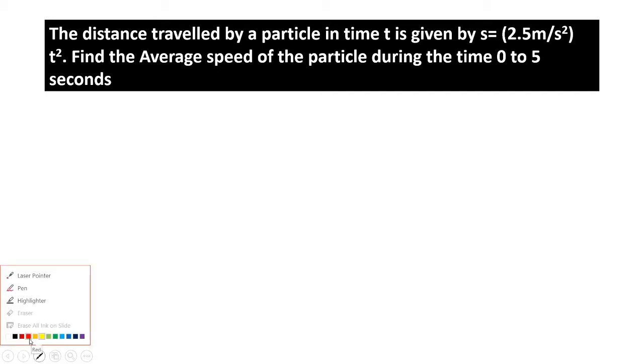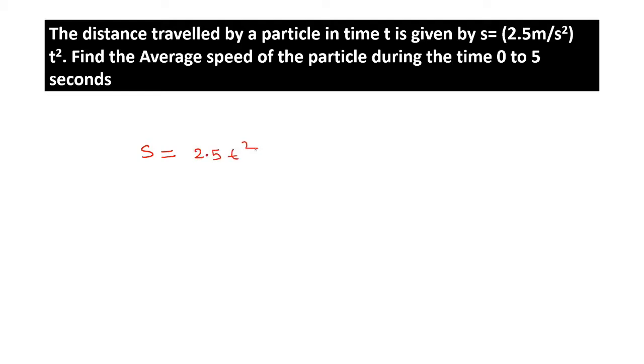The first question is: the distance traveled by a particle in time t is given by s equals 2.5 t square.